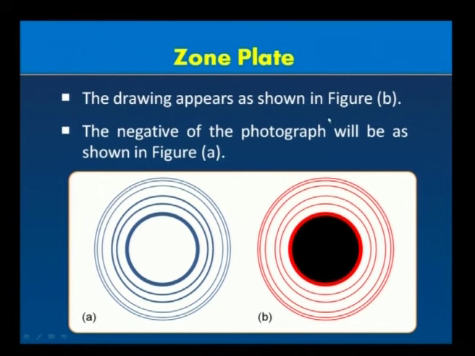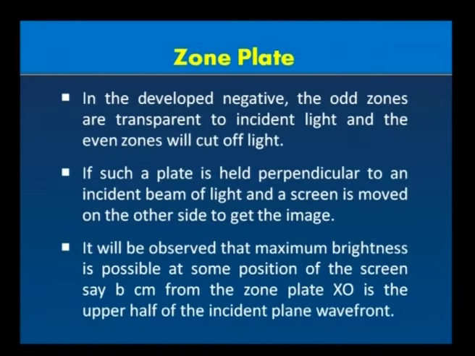The drawing appears as shown in figure B, wherein light will be allowed through the first zone. Second should be dark. Third one will be again like this. So light will be passing through alternate zones. In the developed negative, the odd zones are transparent. 1, 3, 5 are transparent to incident light, and the even zones will cut off the light because they are shaded as dark.